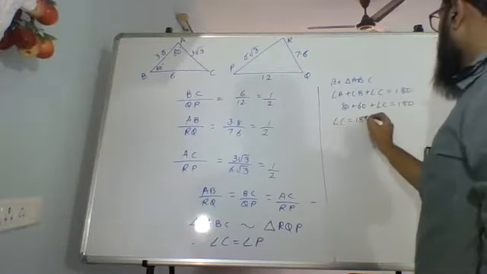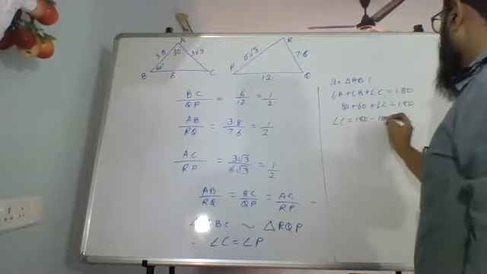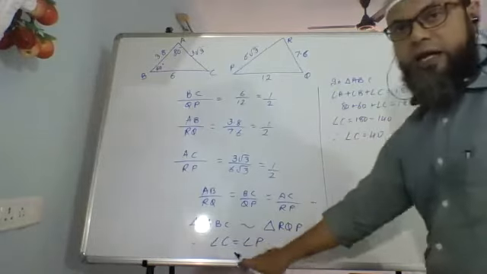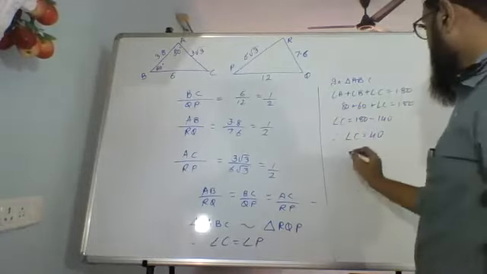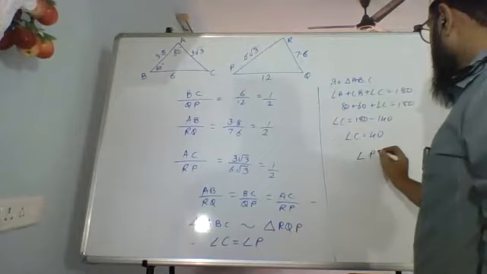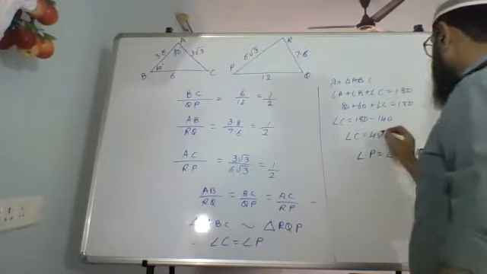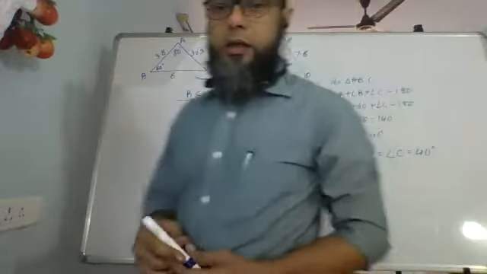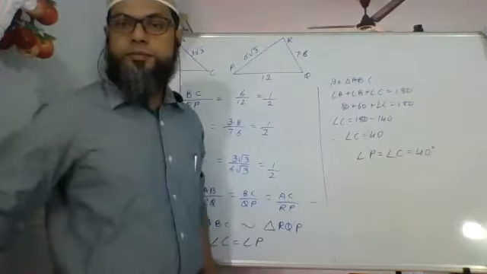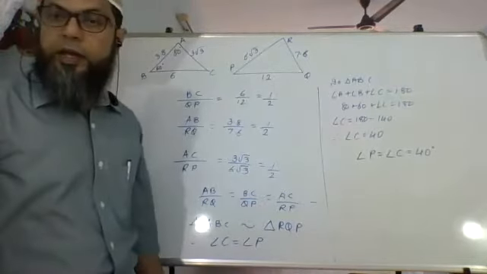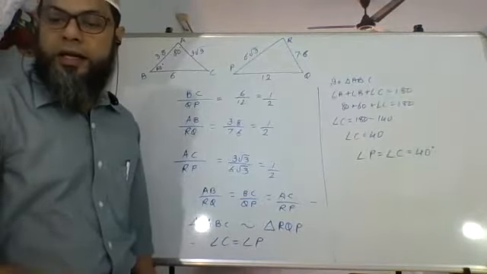Angle C equals to 180 minus 140. Angle C equals to 40. And we know angle C and angle P are equal. Therefore, angle P equals to angle C equals to 40 degrees. Clear now, Kihan? This is how we had got angle P equals to 40 degrees.